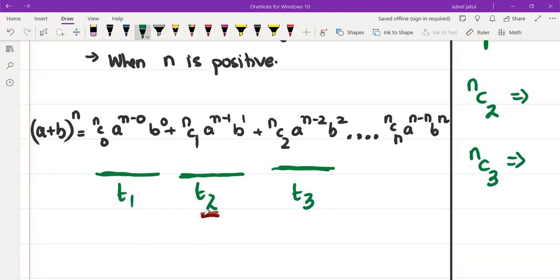For term 2, the power used here is 1. For term 3, the power used here is 2. If it was term 4, the power will be 3. If it is term 10, the power will be 9. So generally in binomial expansion, you should know that the power is always 1 less than the given term.